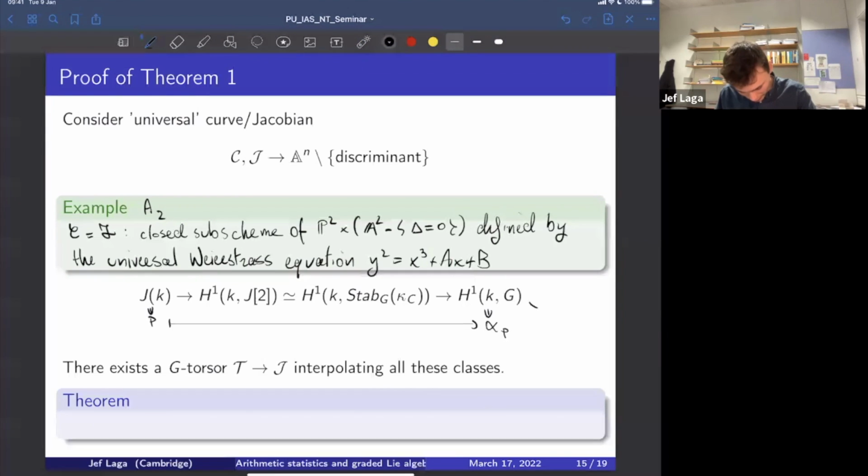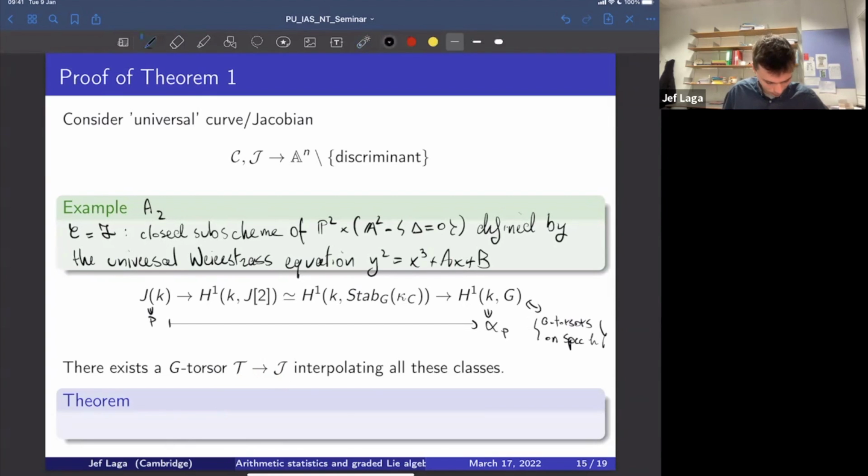The reason we can do this is that this H1 is the classifying set of G torsors on spec K. So using this interpretation and some formal nonsense, you can write down a G torsor over this curly J, call it curly T, that interpolates all these classes.